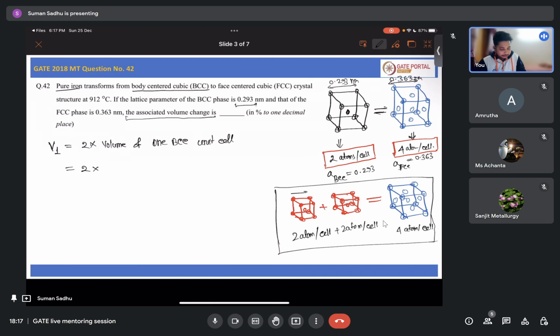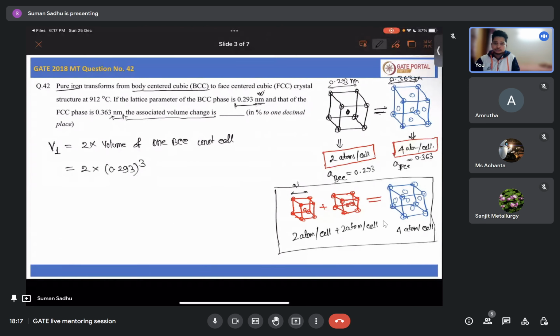Because the lattice parameter is given to you, the volume is simply a cube. The lattice parameter is a, so the volume is a cube. So a for BCC is 0.293 whole cube.